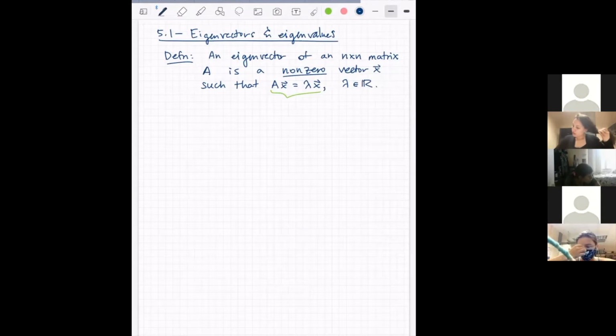Right. And then this scalar that we get, this lambda, is what we call an eigenvalue.